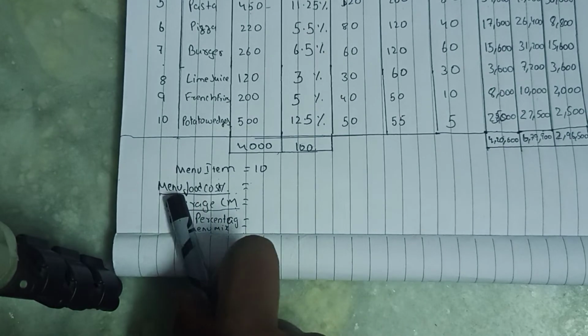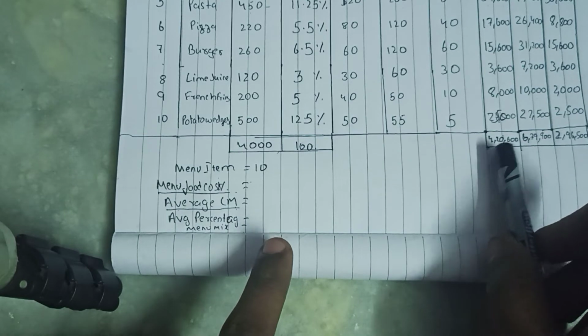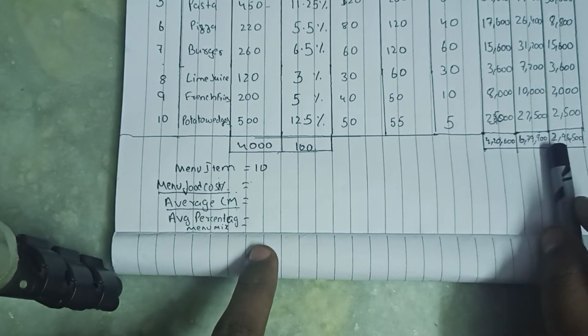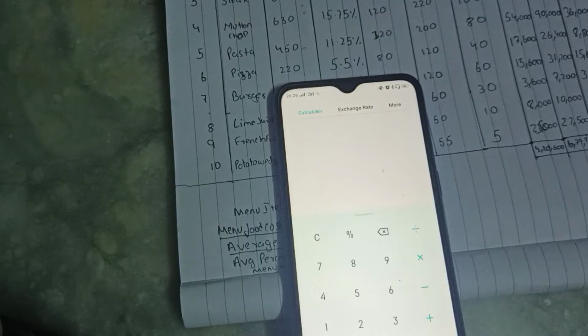So to find out menu food cost percentage, as it is menu, we should divide this menu cost by menu revenue into 100. Then we will be finding out menu food cost percentage.